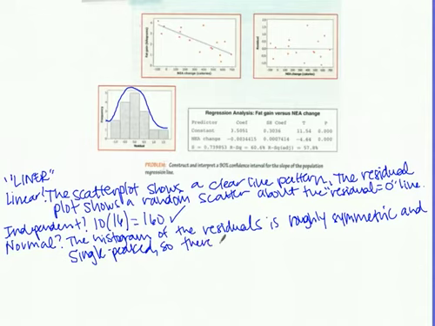So there are no departures from normality.